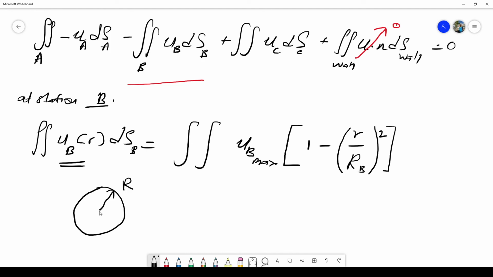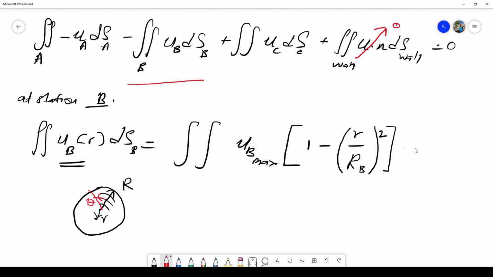If we want to do the integration, we integrate for smaller radius. To do this integration in the cylindrical shape, we have to consider not only R, but also the angle theta.